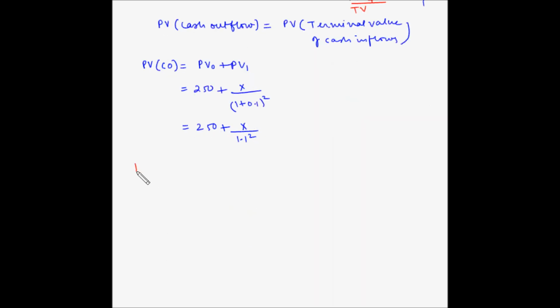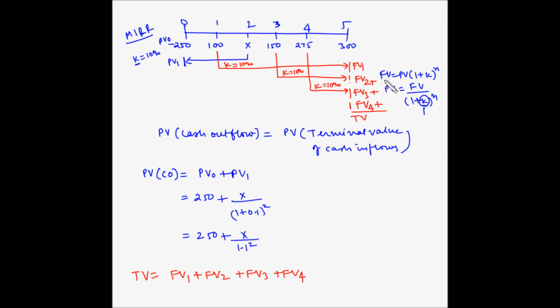So TV is equal to FV1 plus FV2 plus FV3 plus FV4. Now we know that future value is equal to present value into 1 plus k to the power n. Now, typically in the generic formula, k is actually I, but here since we are using cost of capital as the compound rate, so we are using k in the formula.